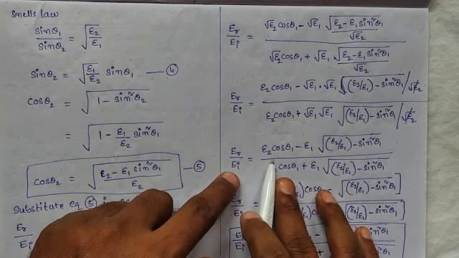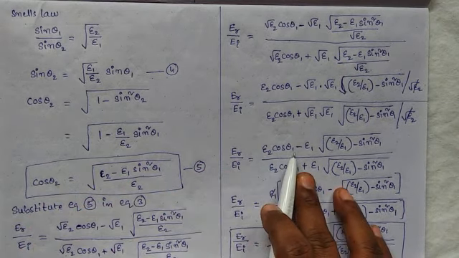Here ER by EI is equal to epsilon 2 cos theta 1 minus root epsilon 1 into root epsilon 1 is epsilon 1, square root of epsilon 2 by epsilon 1 minus sin square theta 1, by epsilon 2 cos theta 1 plus root epsilon 1 into root epsilon 1, epsilon 1, square root of epsilon 2 by epsilon 1 minus sin square theta 1.